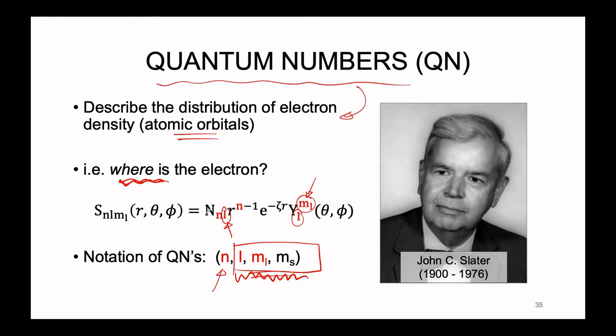The L, which we can see present in this equation, the m sub L, which we can see in this equation, and the m sub S, which is strangely not present in this equation, but also has pretty significant meaning. It was just found a little bit later, so we're going to talk about m sub S as well. There are 4 total quantum numbers which we use to describe the location of an electron.